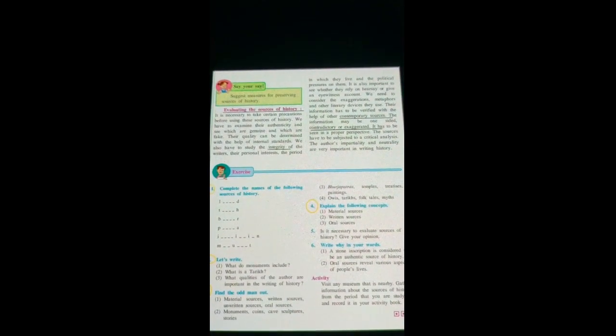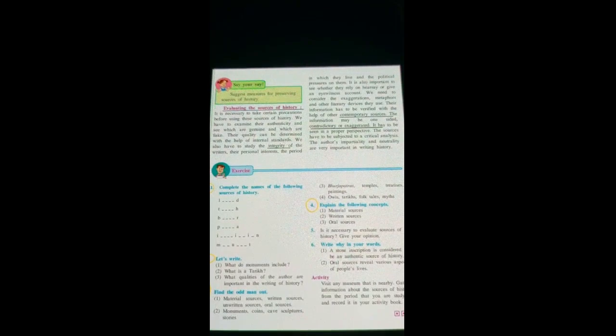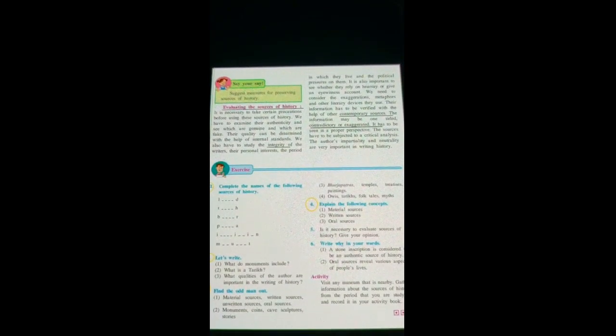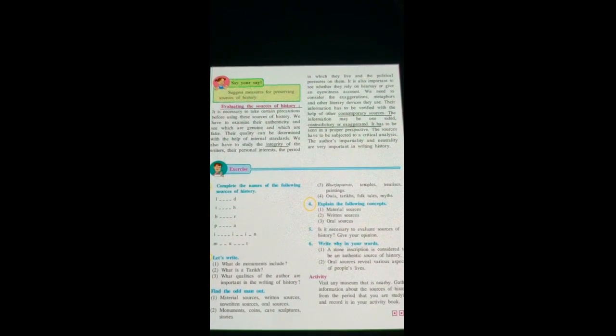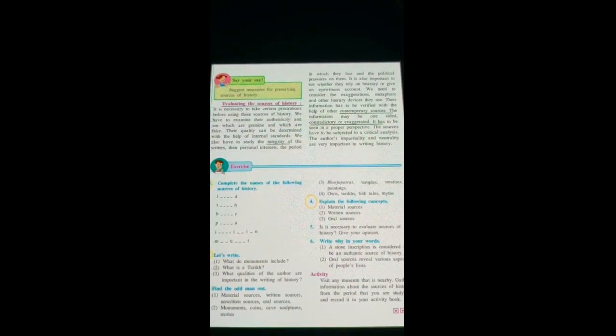And now we come to the last part of the chapter, and that is why and how we can evaluate the sources of history. While doing so, we have to take certain precautions before using these sources of history to check whether they are genuine and not fake.